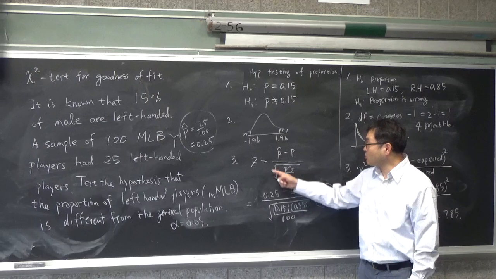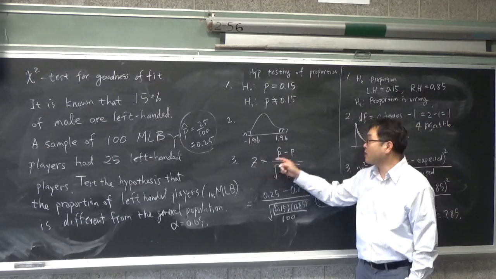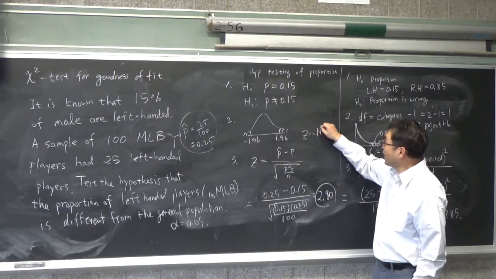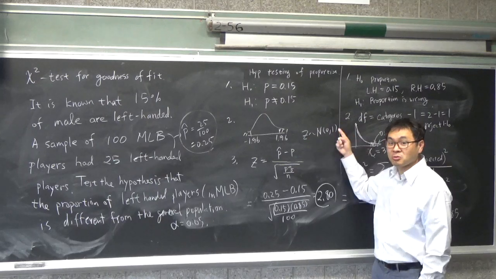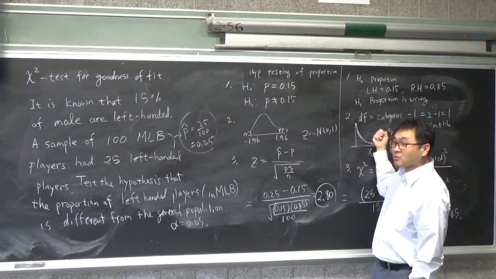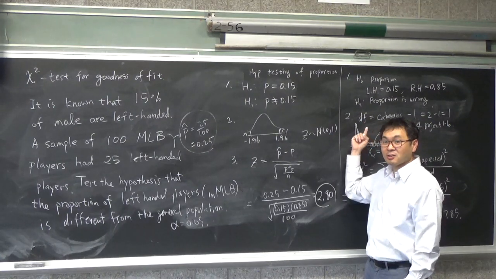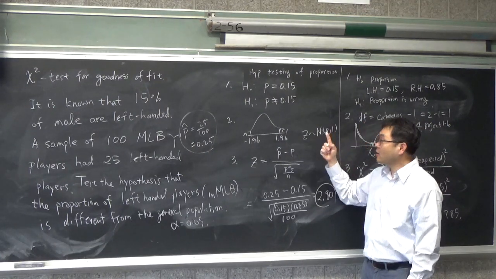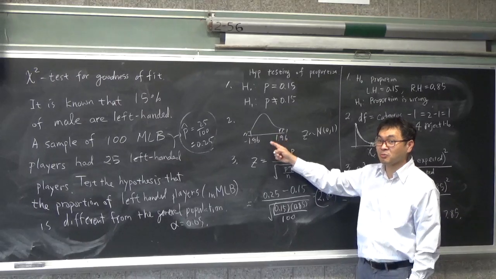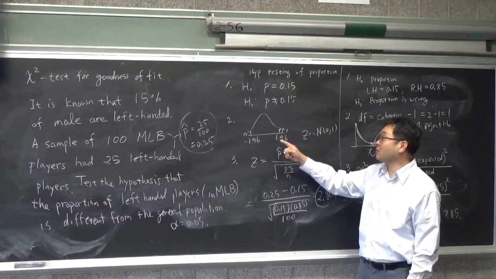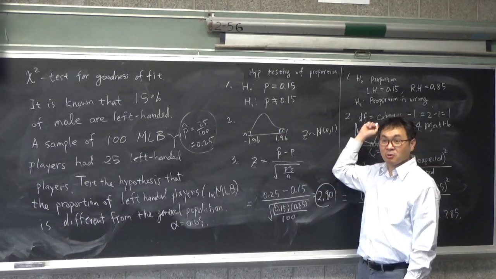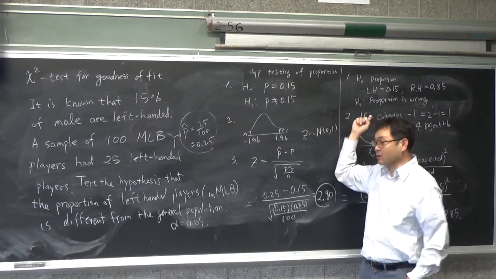We know that if I do this test statistic, then Z follows N(0,1), the standard normal distribution. And the definition of chi-squared is that if you square this, you get the chi-squared distribution. So having a two-tailed test in this format is exactly the same as the chi-squared test for degree 1. That's why this works.